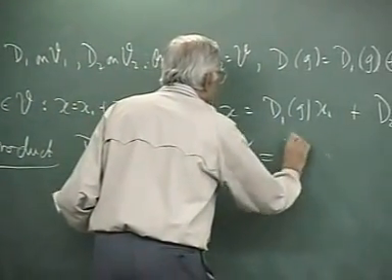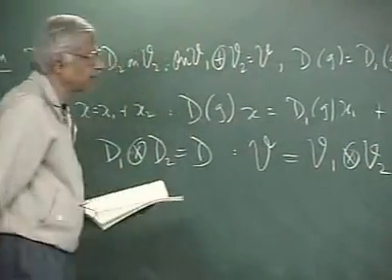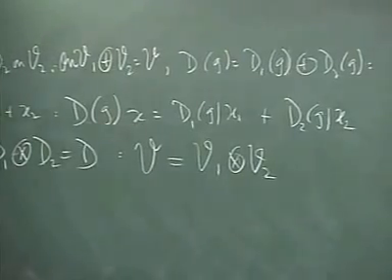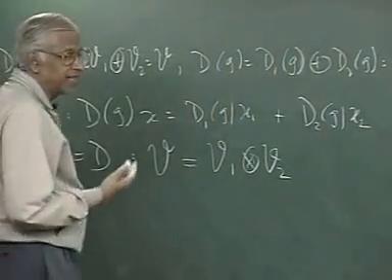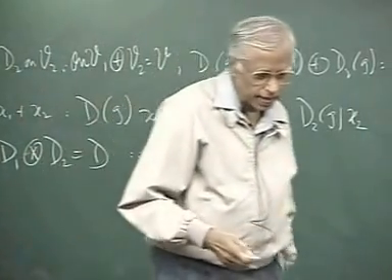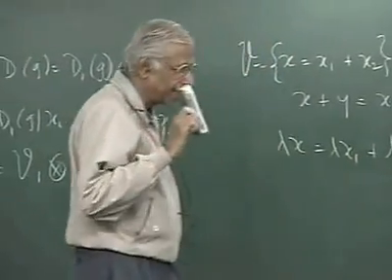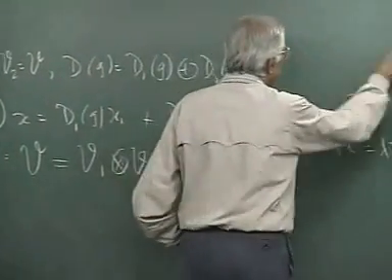We start with the vector spaces V1 and V2 and consider their tensor product. Now, tensor product is a very, very subtle notion. It is much more elaborate, or much deeper in many ways, than direct sum.